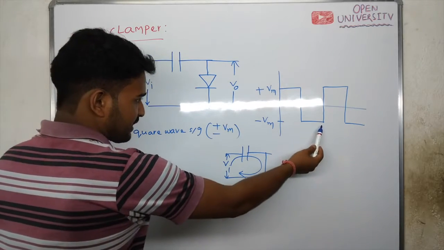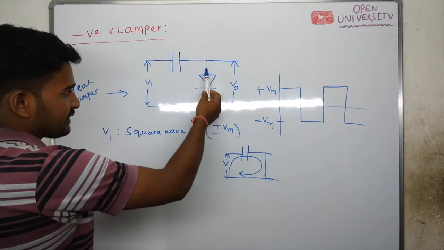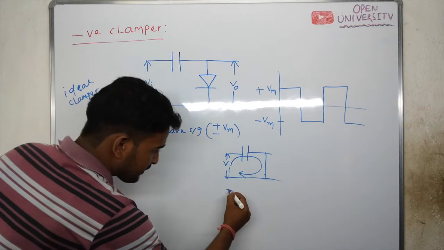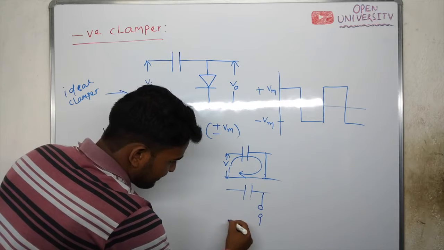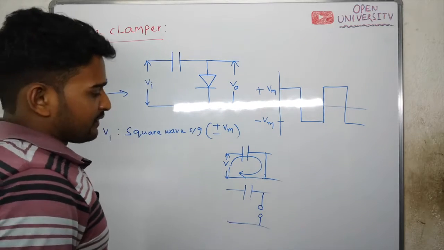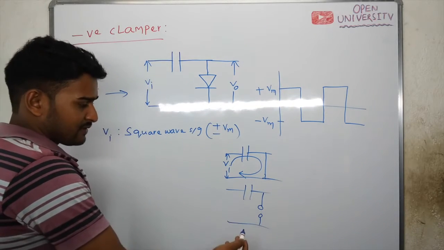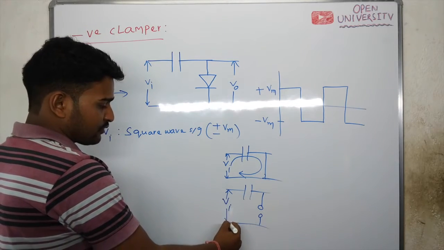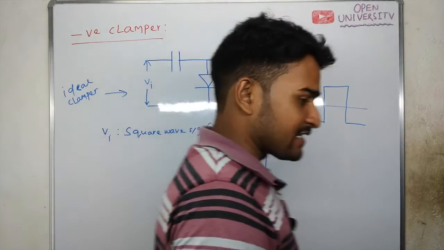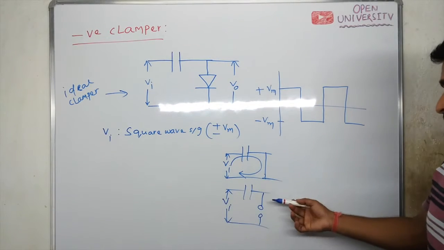During the negative half cycle, when Vi is negative, the diode becomes open circuited. If the diode is open circuited, no current will pass, so the capacitor cannot discharge in this interval.